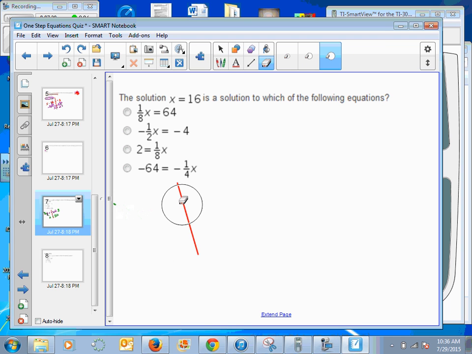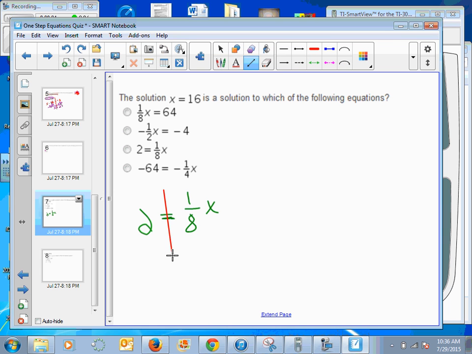We're looking for 16. So let's get rid of all that, get a little space here. Let's slide down to the third choice. 2 is equal to 1/8 x, and it's okay that it flips sides. So again, you're talking about division, but let's put that line.